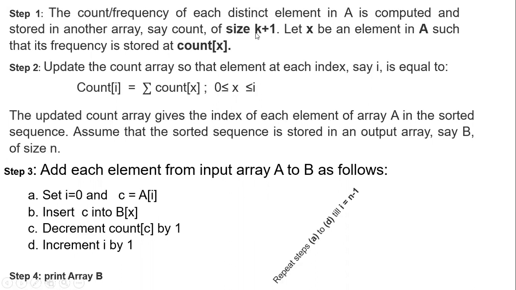So the array A contains the elements, for example, 1, 5, 18. We should create a new array of size 19, k plus 1, where k is the largest element in the array A. So if x is an element of array A, let its frequency be stored at count sub x.